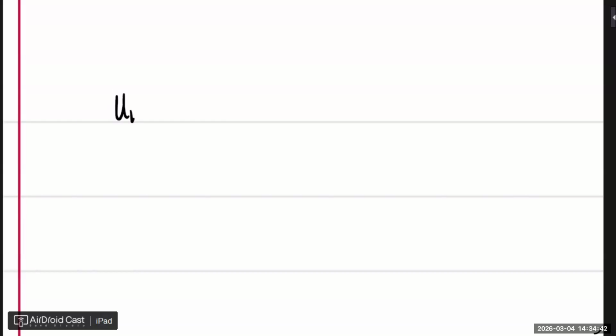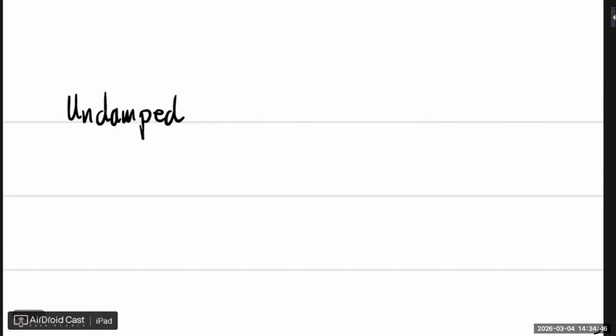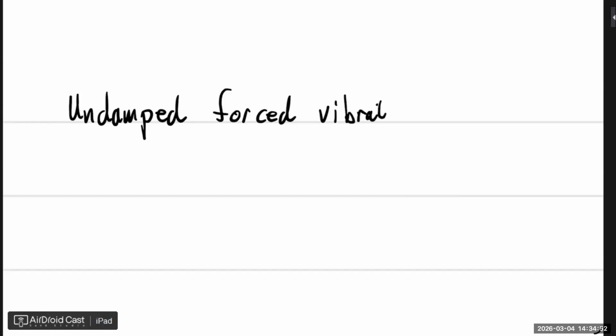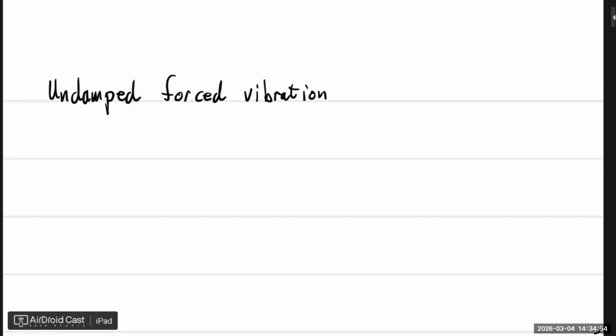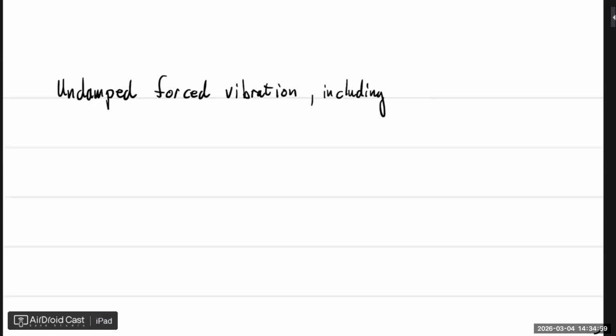It's everything about undamped, but there's now forced vibration, including a steady state.